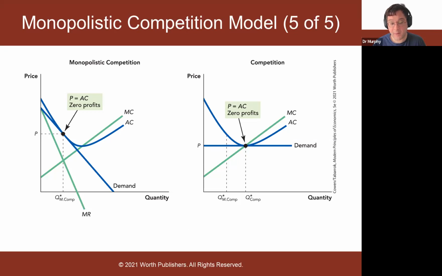The monopolistic competition model, alternatively, faces a downward sloping demand curve because the products are similar but different. Different brands, different features, different colors, all things like that. The monopolistic competition model still has zero profits because there are low barriers to entry into the market.